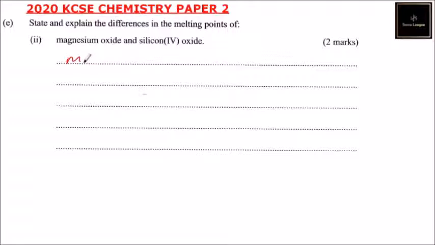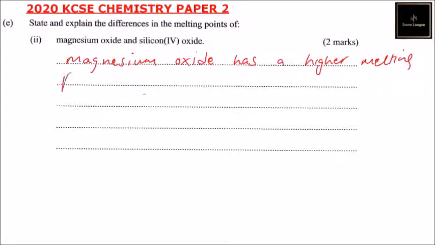So magnesium oxide has a higher melting point compared to silicon oxide.